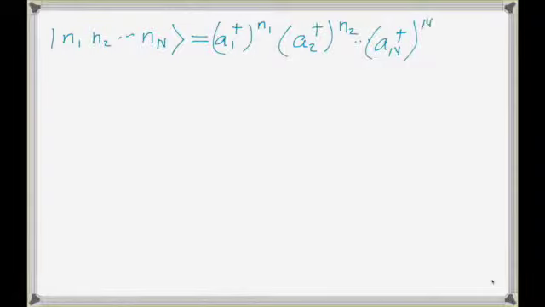I'm raising them either to the 0 power or to the first power for fermions, and these are all acting on the vacuum state. So you create your general state by acting on the vacuum state with a bunch of creation operators.